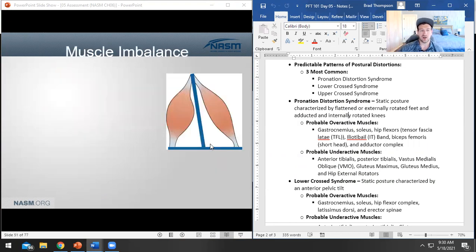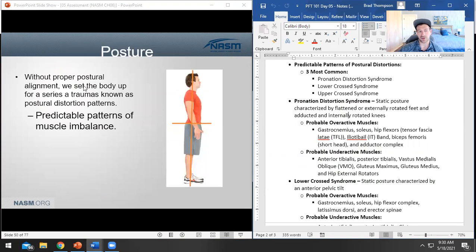So while we're looking at this, without proper postural alignment, we set our body up for a series of traumas, is what they're saying here. We call them predictable patterns of muscle imbalance. Basically, we are going to look for 3 things in static assessments, 5 things in the overhead squat, 3 things in the push-pull.